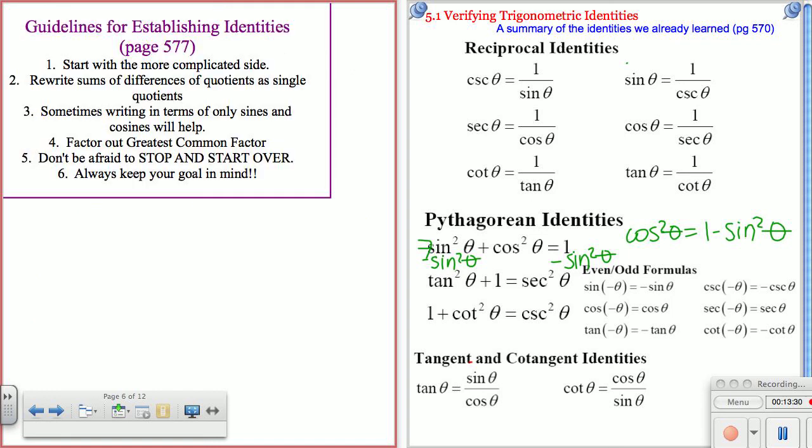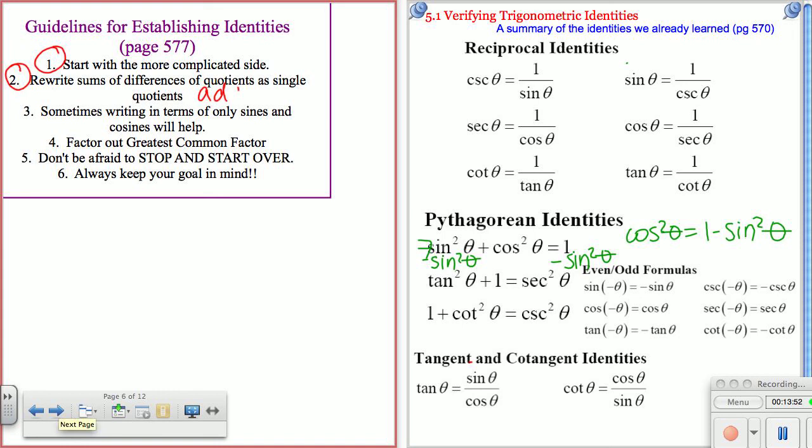So, some guidelines for establishing or verifying these identities, some things that you should have noticed. In these examples we just looked at, we always started with the more complicated side. We rewrote sums or differences as a single quotient, meaning adding fractions.